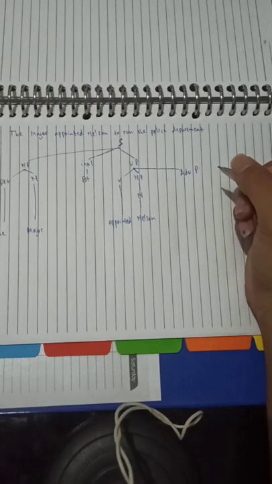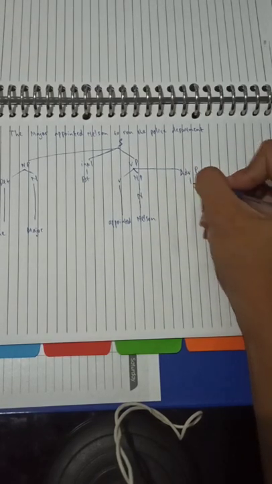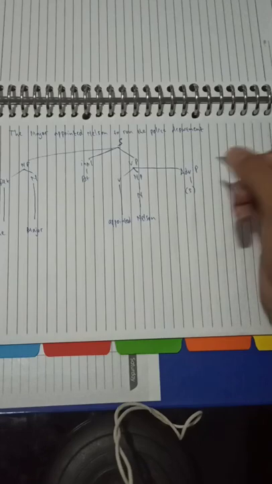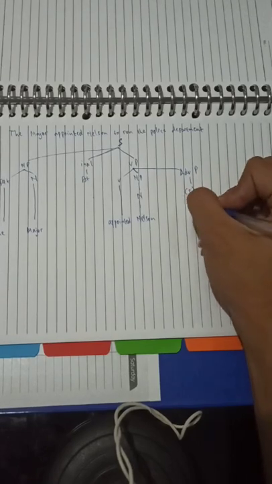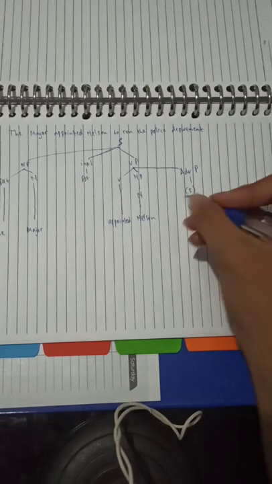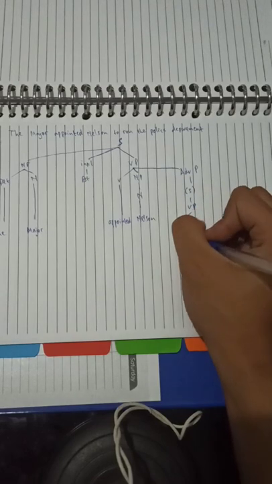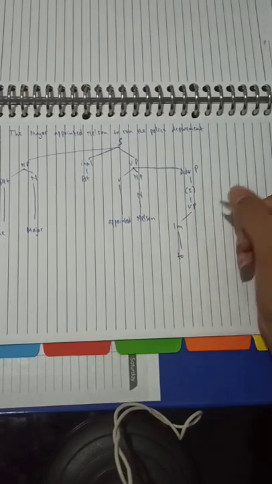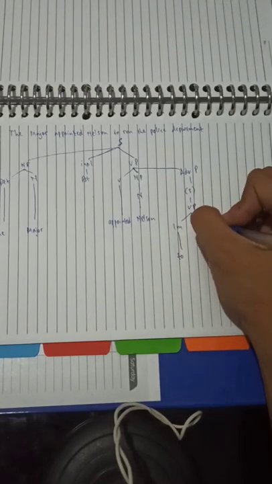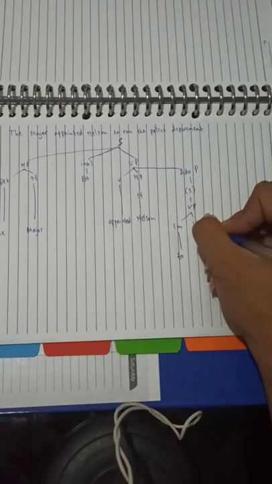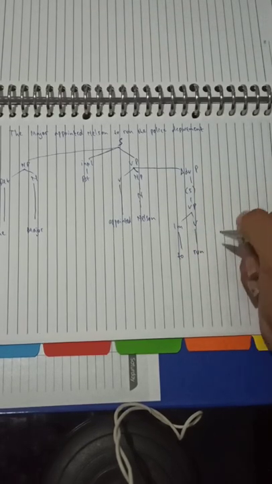So we turn it down into S here like this, and then turn again into VP because it is the verb "to run". We put here "to", and then the verb, that is "run".